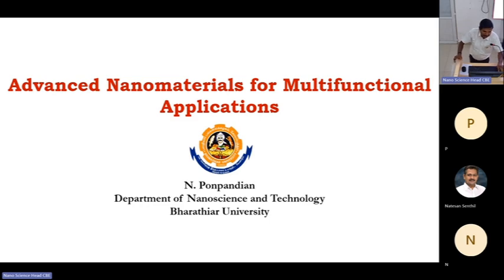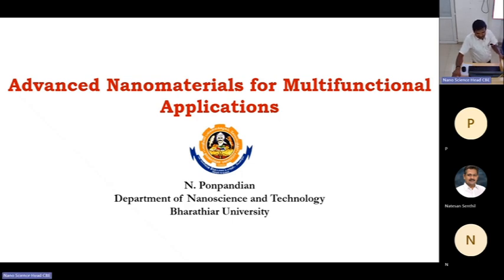For example, zinc oxide is a nanoparticle. You can prepare zinc oxide in terms of 3, 2, 1, and 0 dimension. Like that, nowadays carbon. Carbon is an easily available material that has different allotropes. What are the allotropes of carbon?